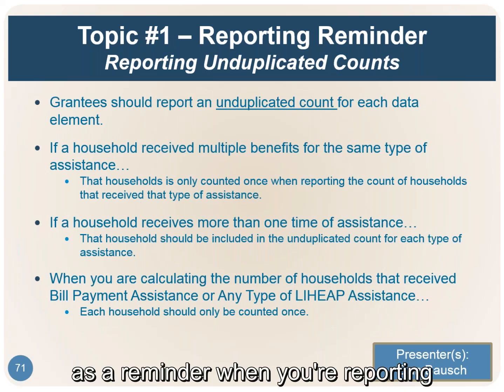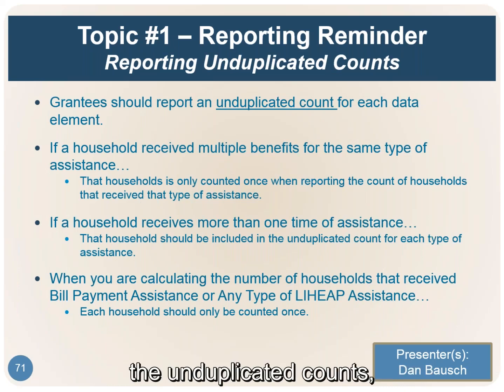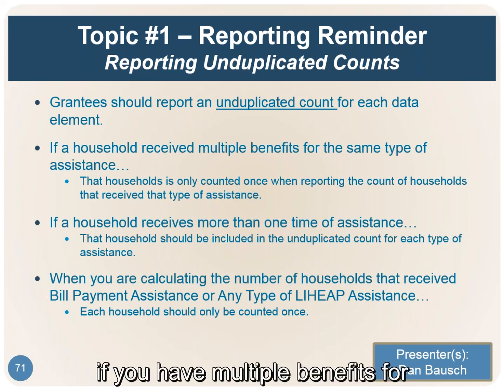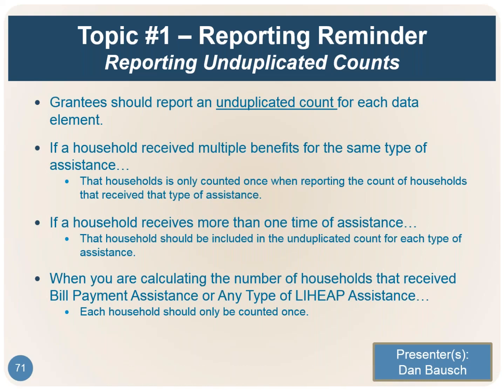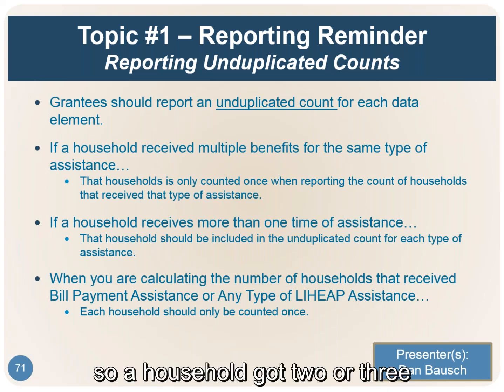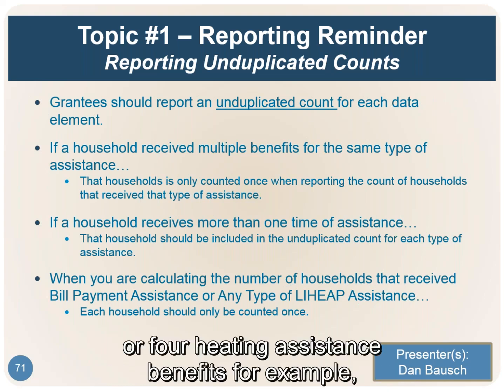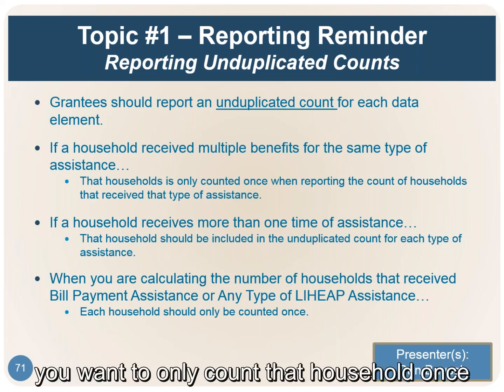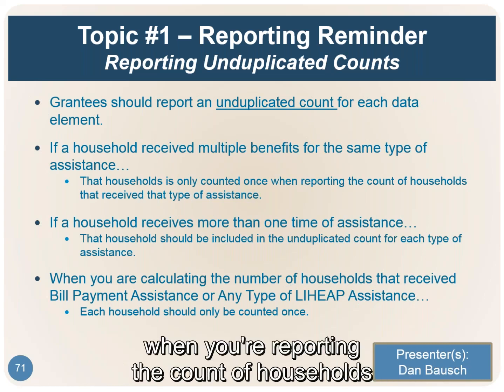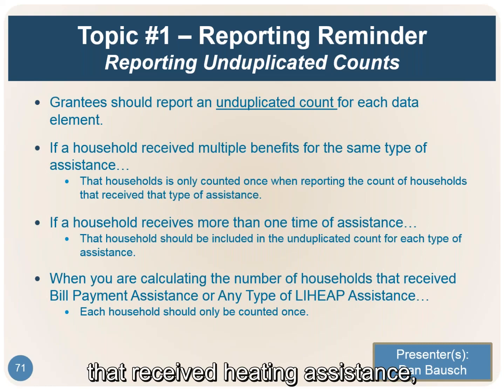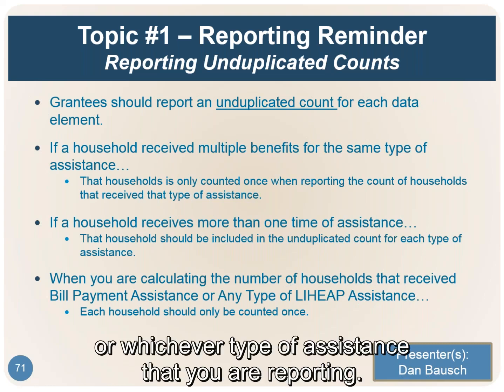As a reminder, when you're reporting the unduplicated counts, if you have multiple benefits for the same type of assistance, so a household got 2 or 3 or 4 heating assistance benefits, for example, you want to only count that household once when you're reporting the count of households that received heating assistance or whichever type of assistance that you are reporting.